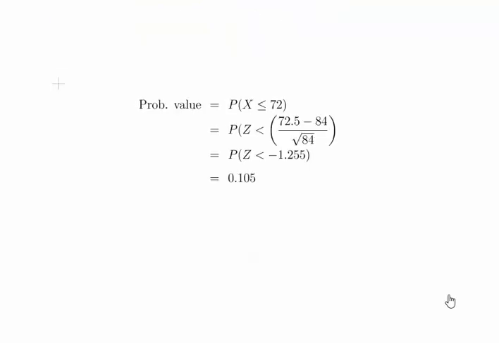I just edited a bit out, so I'm back on track. We're asked to calculate the probability value under the null hypothesis that the mean is 84 and the variance is 84. We observe 72 out of 600. Specifically what we're interested in is the 72, and the probability of x being less than or equal to 72.